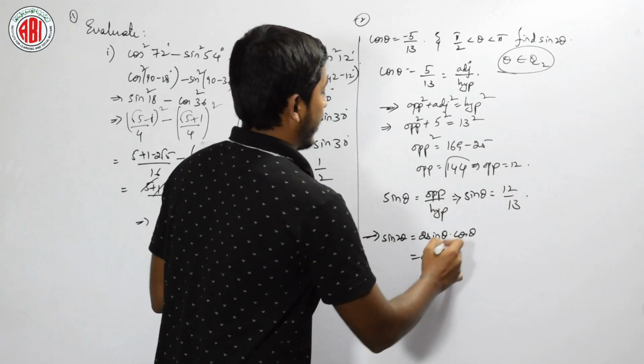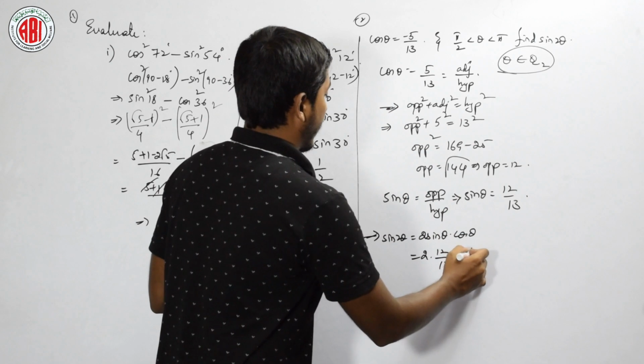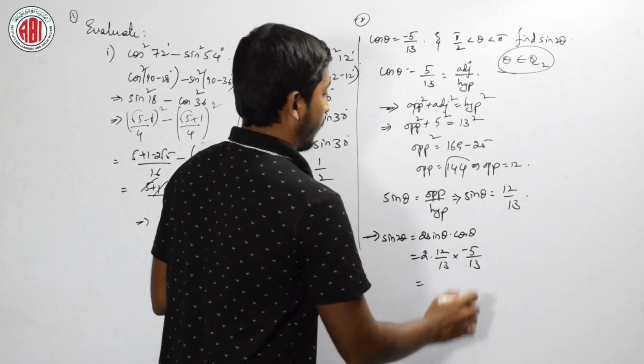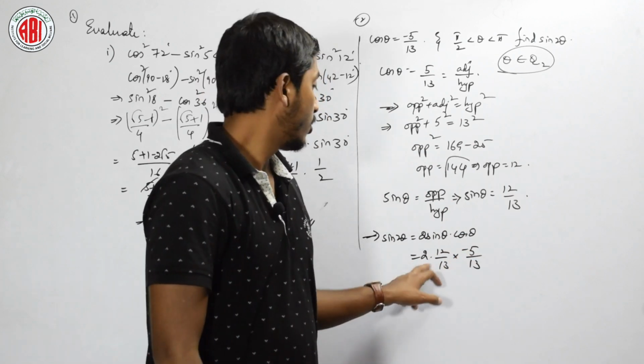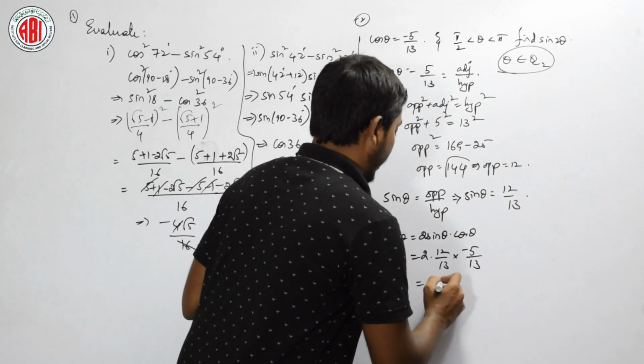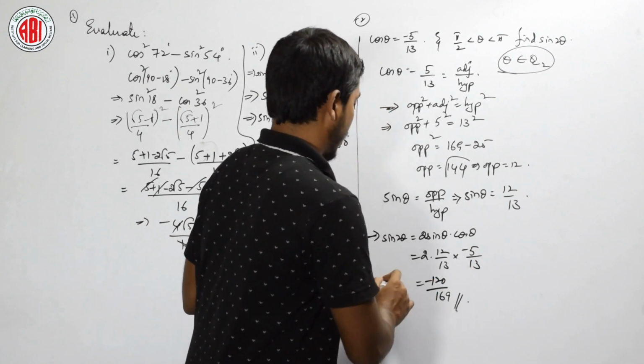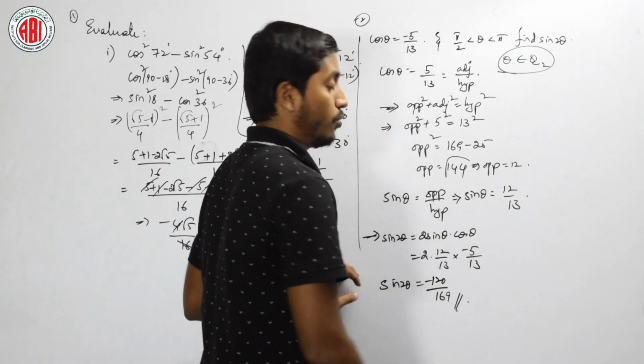What is sin theta? 12 by 13. What is cos theta? Minus 5 by 13. Is it okay? 2 5s are 10. 12 into 10, 120, minus 120 by 169. There is the value of sin 2 theta.